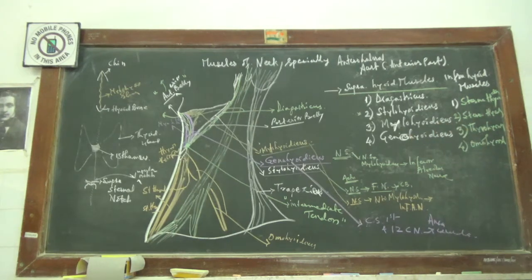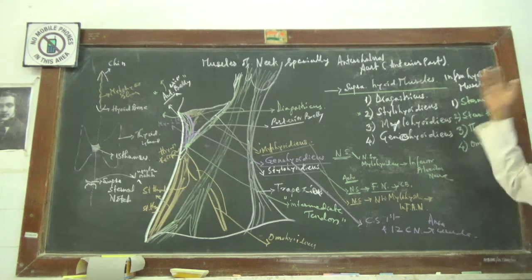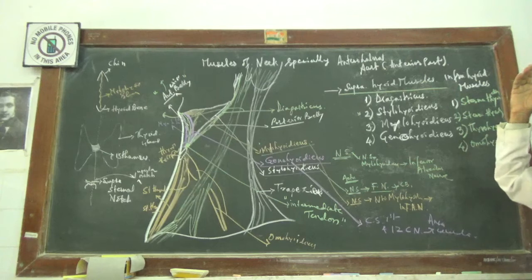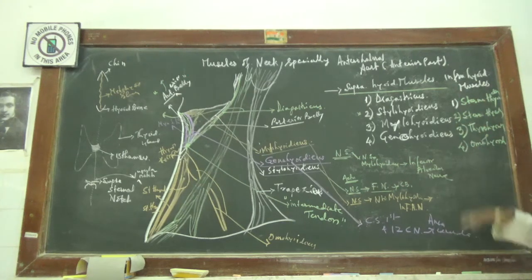Now what you have to remember is the nerve supply. The suprahyoid muscles are supplied by the superior loop of the ansa cervicalis, and the infrahyoid muscles by the inferior loop of the ansa cervicalis in general.